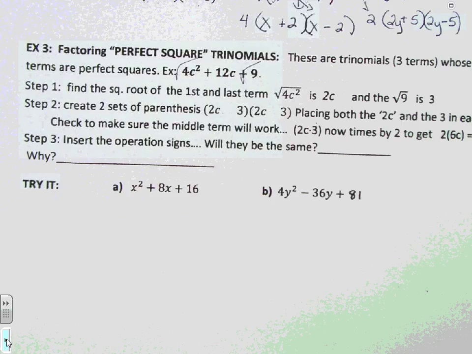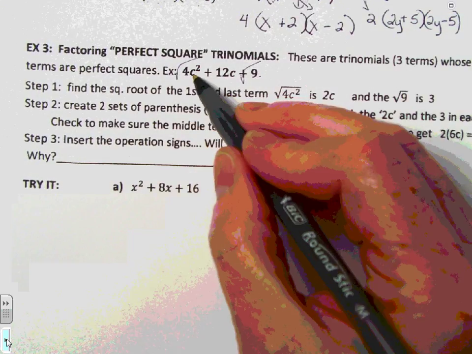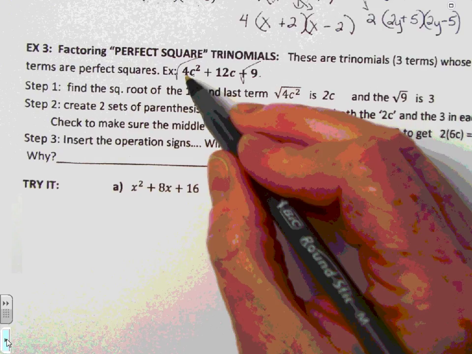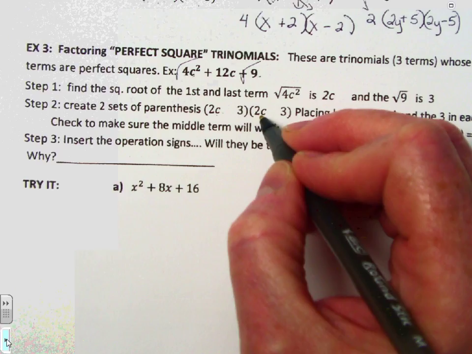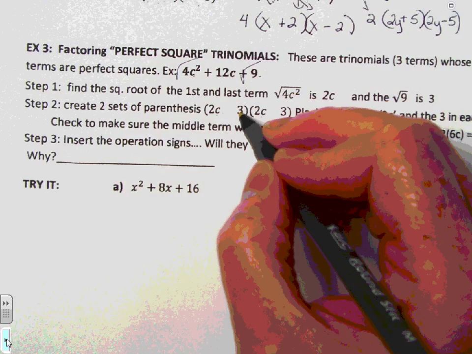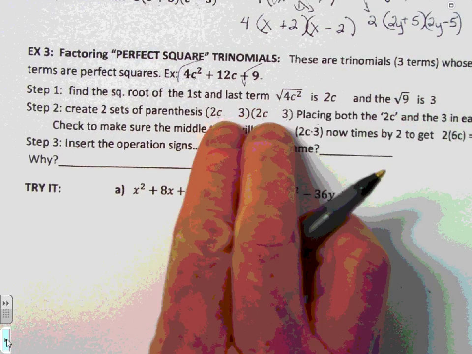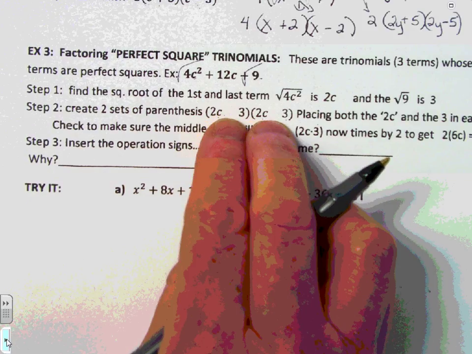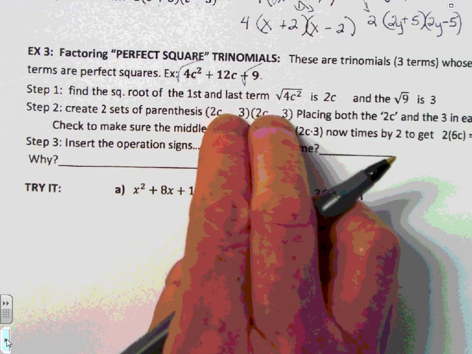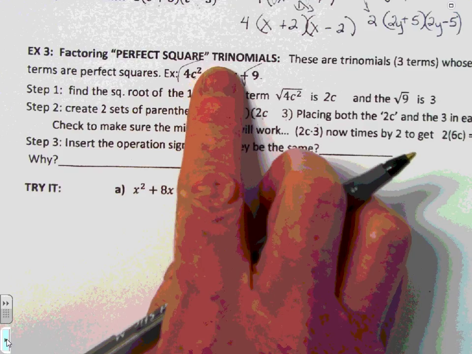So we're going to take the square root of the first term. So the square root of 4c squared is going to be a 2c and a 2c. The square root of 9 is a 3 and a 3. Notice you're still building identical sets of parentheses. But this time I need 3 terms to get my original problem.